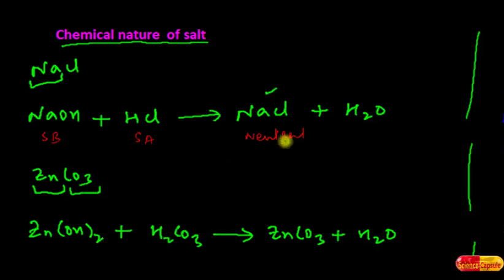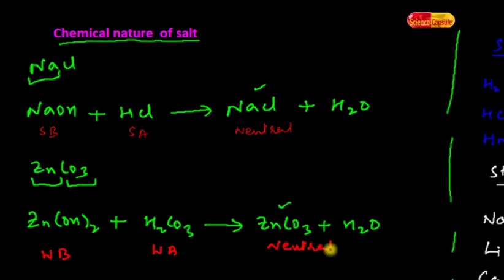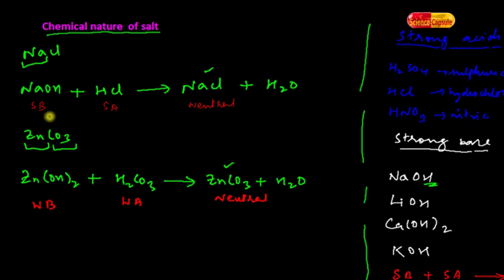Now we are finding the chemical nature of the salt. Before that you should know that zinc hydroxide is a weak base, so here we write weak base, and carbonic acid is a weak acid. So when a weak base reacts with a weak acid, we will be getting neutral salt again. See here, weak base and weak acid give neutral, and strong base and strong acid give neutral.